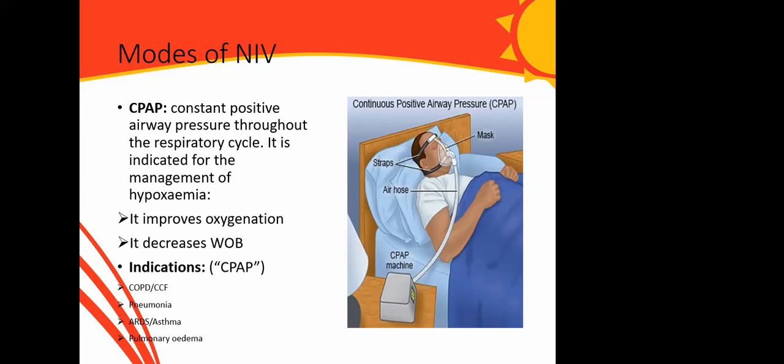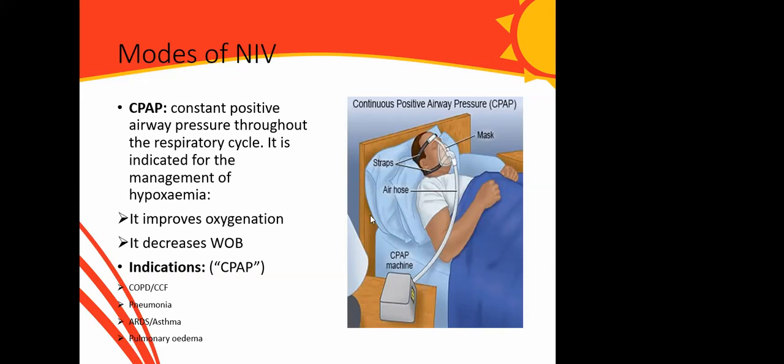Then pneumonia, because of the hypoxemia they have, ARDS, acute respiratory distress syndrome, asthma, and patients with pulmonary edema. These are some of the indications for the application of CPAP for delivering non-invasive ventilation. Like I said, the picture is there. Just put the picture in your mind so that when you come across it, you know what it is.